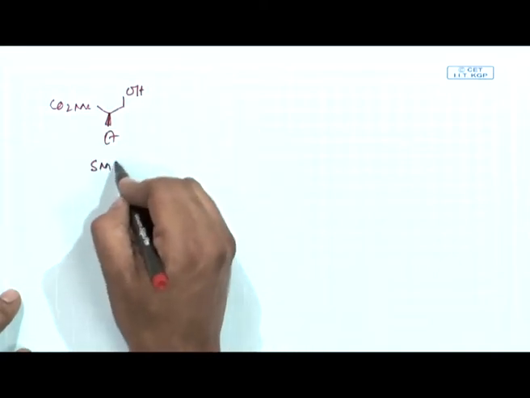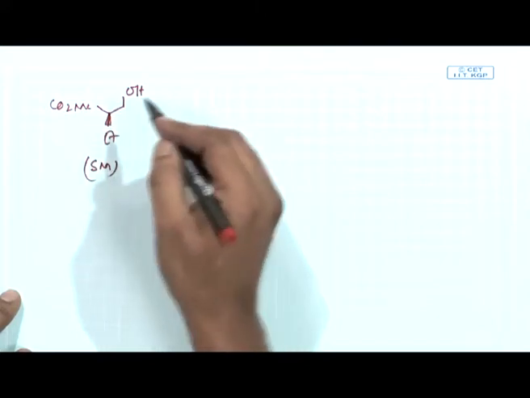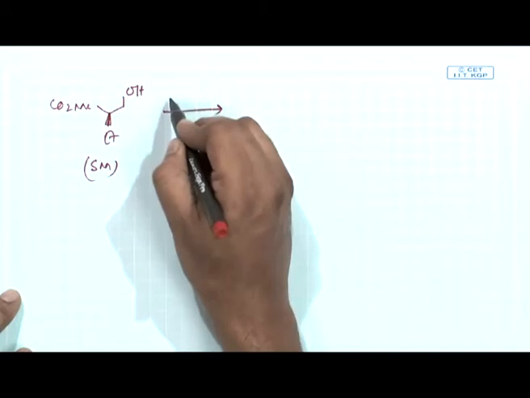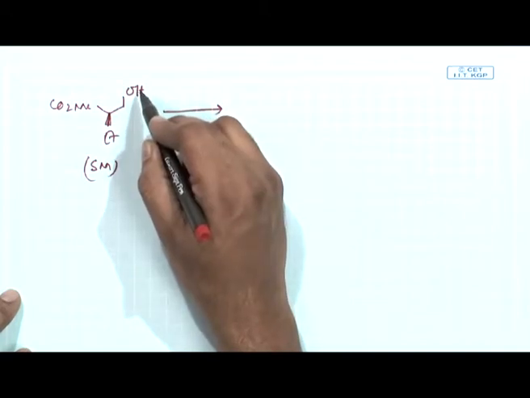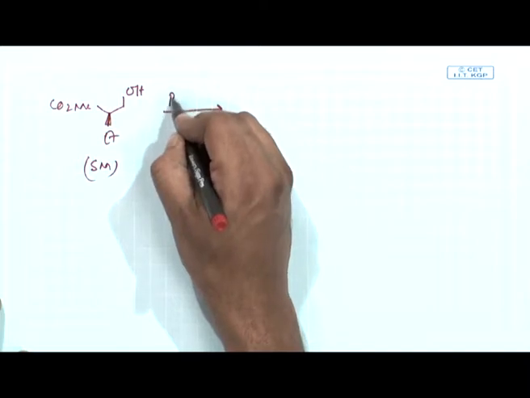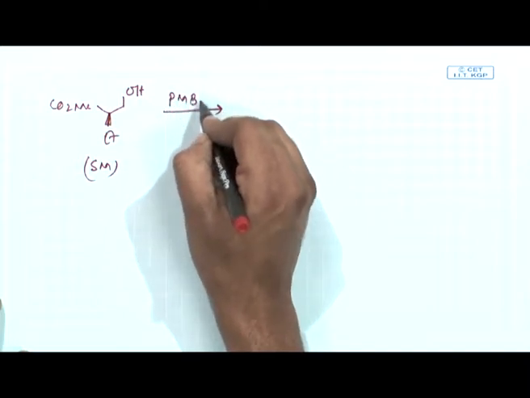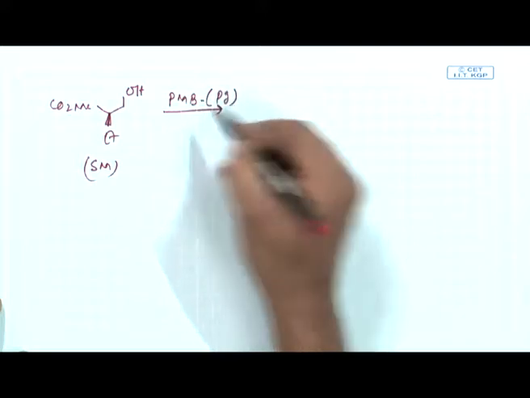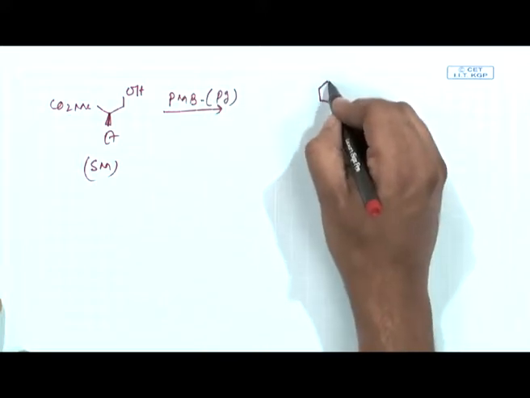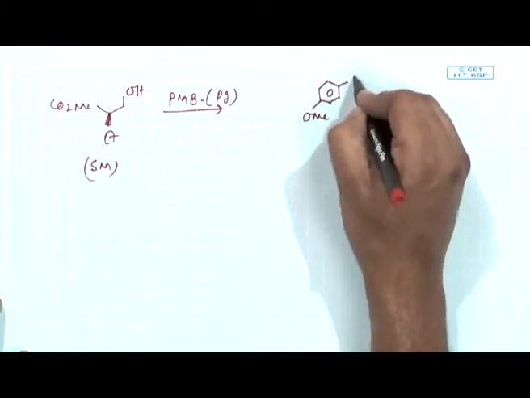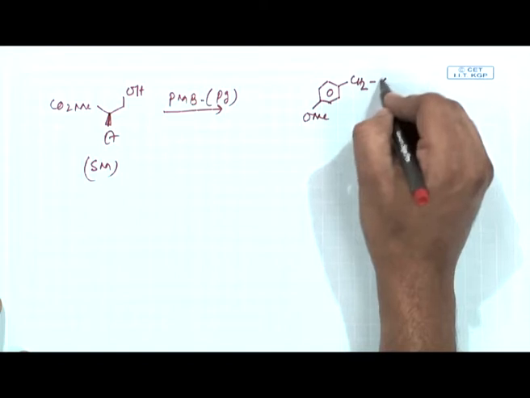Now, you do a close analysis. I say we will be trying to use a paramethoxybenzyl protection. You definitely can do other protection, absolutely no issue, but what is paramethoxybenzyl? We have already explained earlier, it is basically the paramethoxybenzyl group.